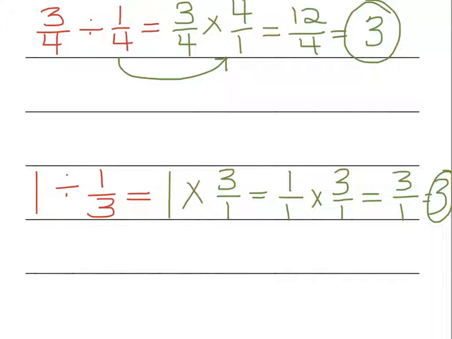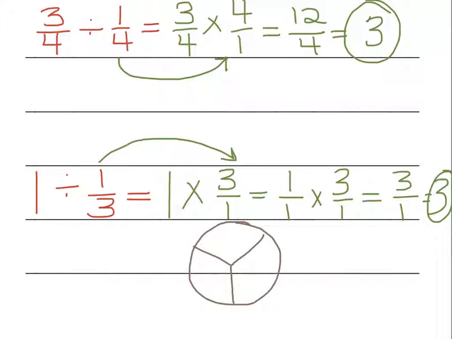So you saw right there again where I flipped the second and multiplied. Now here again, it's a little bit easier to see with the drawing on one like this. 1 divided into 3 pieces means I have 1, 2, 3 pieces.